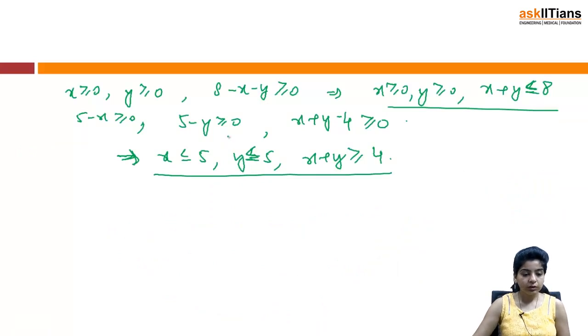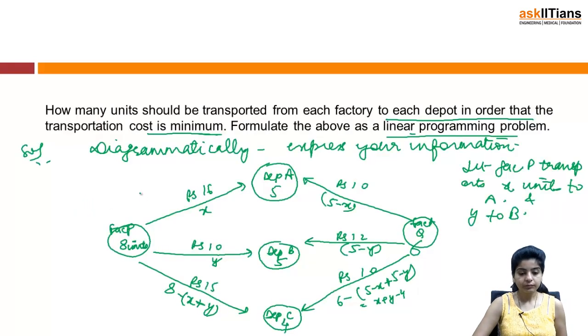So for the cost function, the transportation cost from factory P to depots A, B and C was given. From factory P, the transportation cost to depot A for x units, we have assumed x units, so it will be 16x, then we will have 10y and 15 into this quantity.